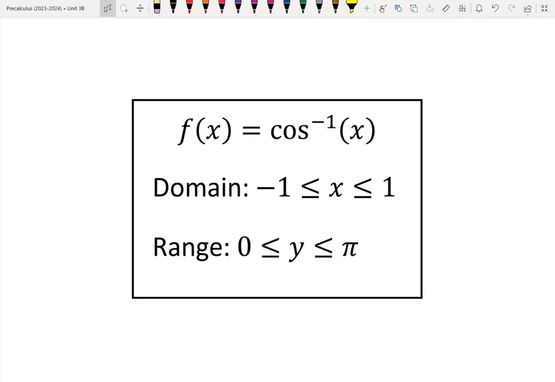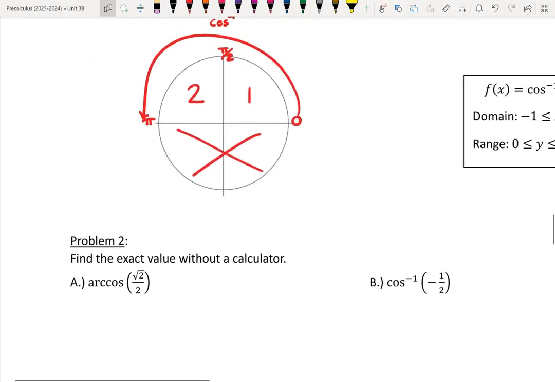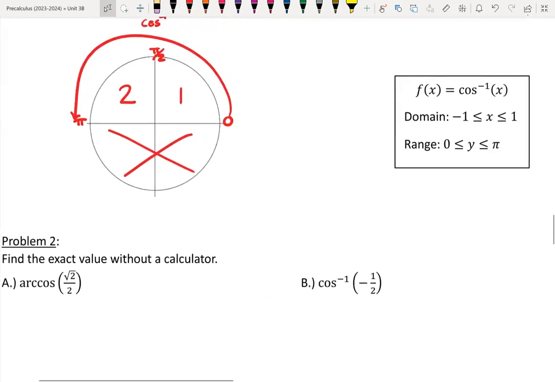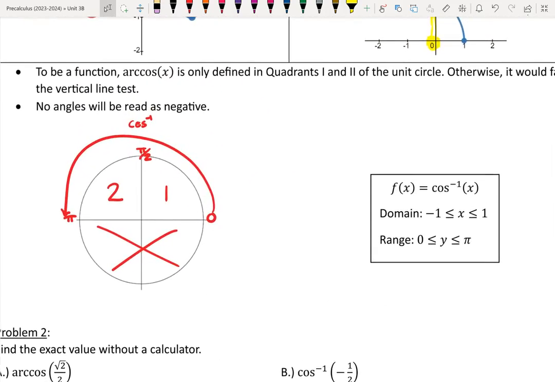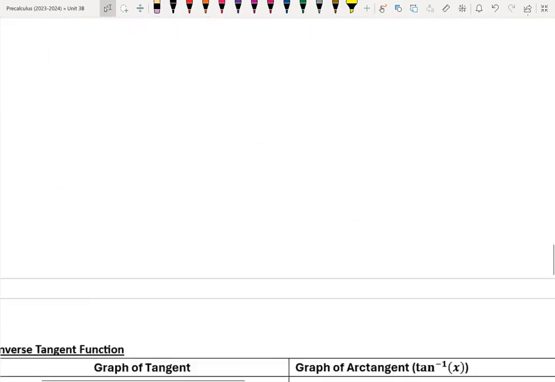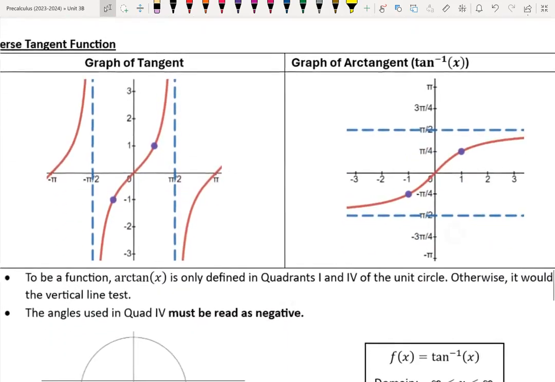Range, however, is different because we're going from 0 to pi instead of -pi/2 to pi/2. But we do have similar restrictions. All right, so that's cosine. Cosine involves quadrants 1 and 2 with that restriction going from 0 to pi. Let's go ahead and take a look at tangent real quick. So go ahead and turn the page again.